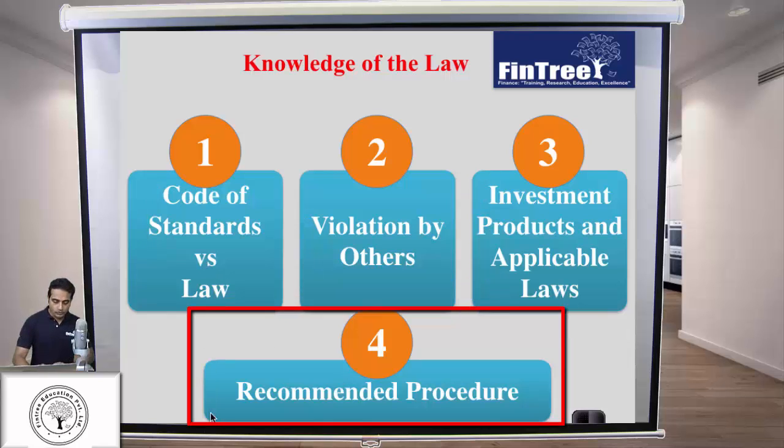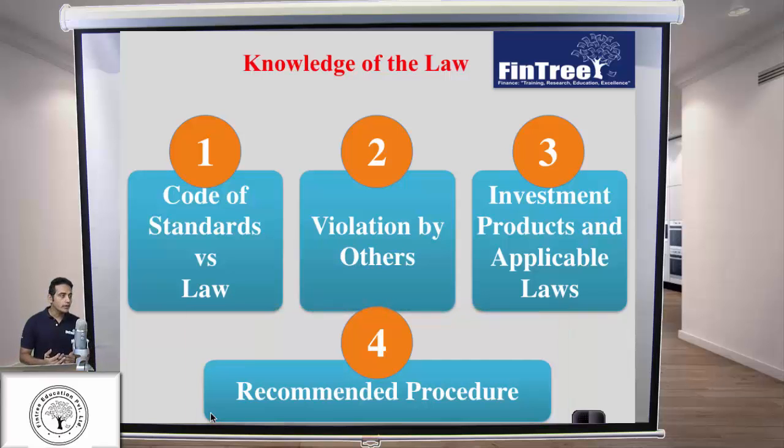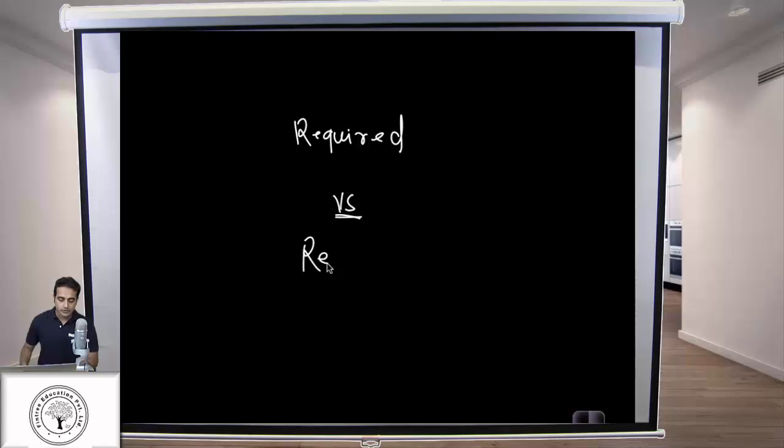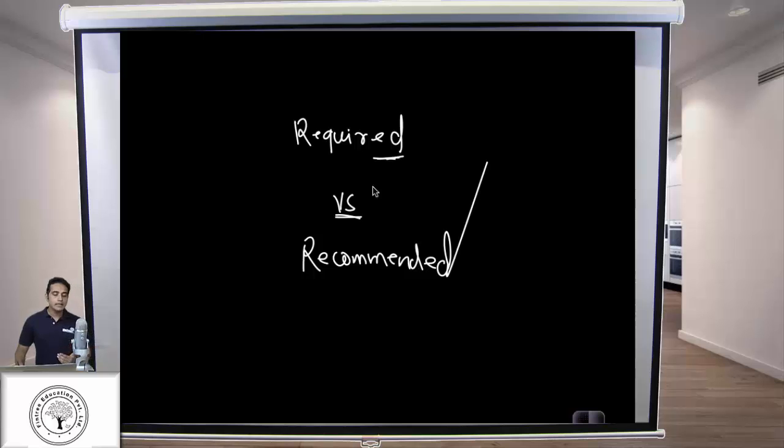Now, since all of you are doing ethics for the first time, I want you to appreciate that there would be certain sections in the syllabus which would be required and certain sections which would be recommended. For example, required could be that you should maintain records of client communication for 7 years.